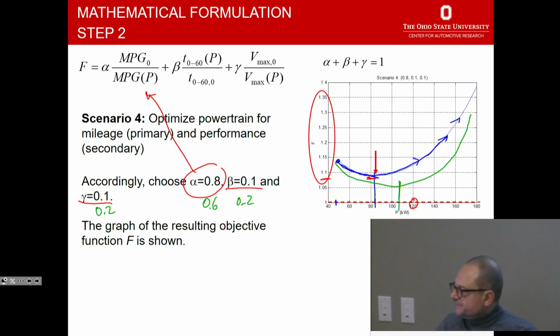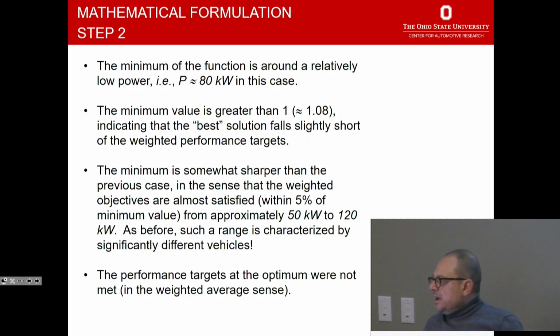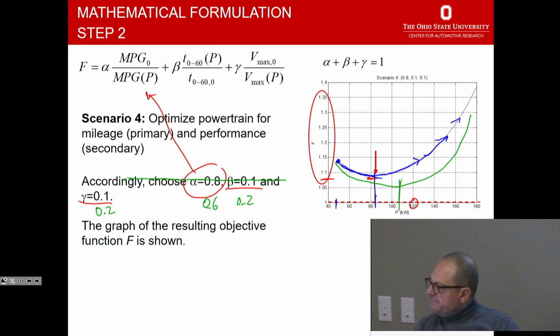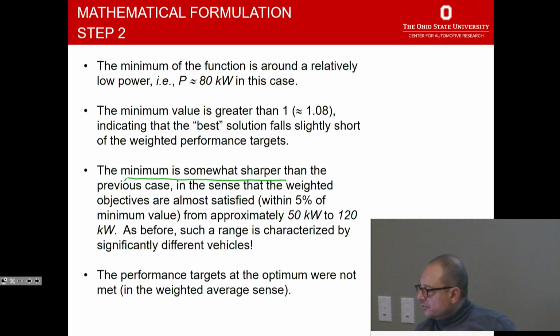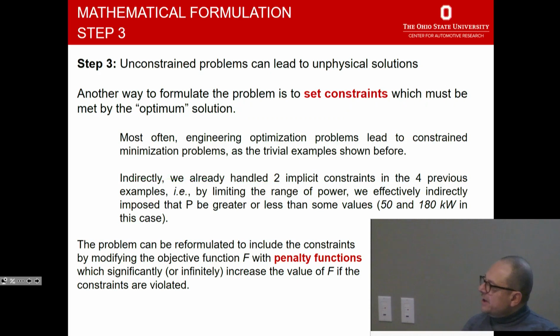Another observation, maybe qualitative, is that the function is less flat around the minimum. It's a little bit sharper for those values of coefficients. So the idea, again, I think I've already made the key point, is that you can obtain any answer you want.